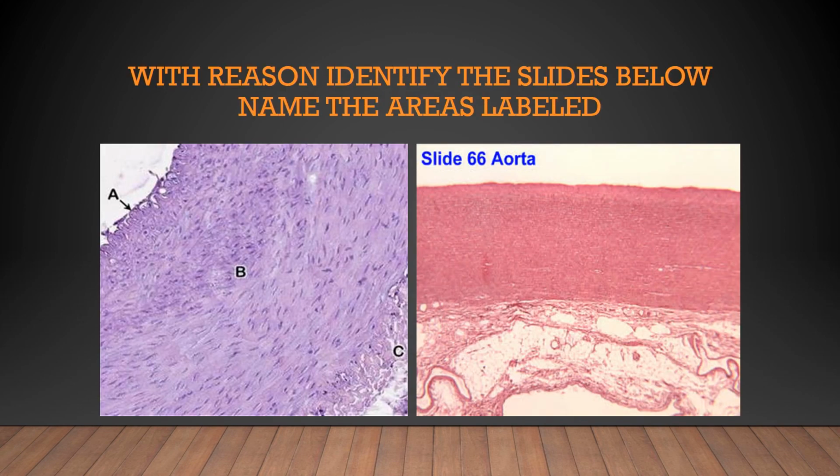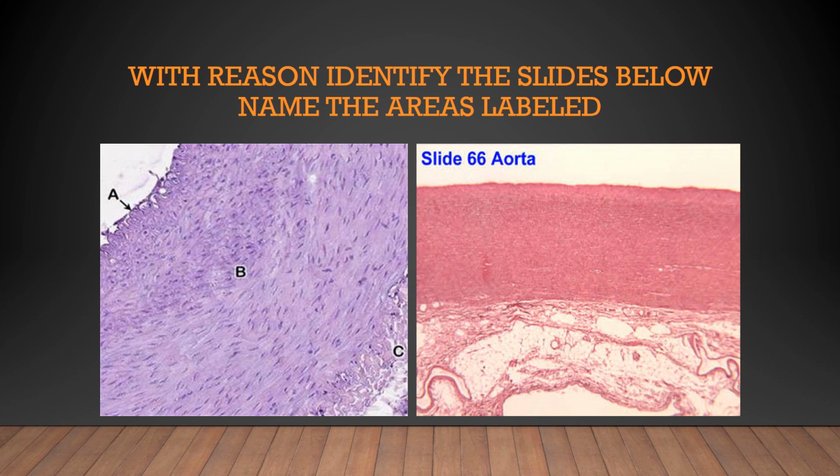The slide on the right is that of a muscular artery. So it has a well-defined internal elastic lamellae and smooth muscle fibers in the tunica media. The slide on the left is that of an elastic artery, so it contains elastic fibers.